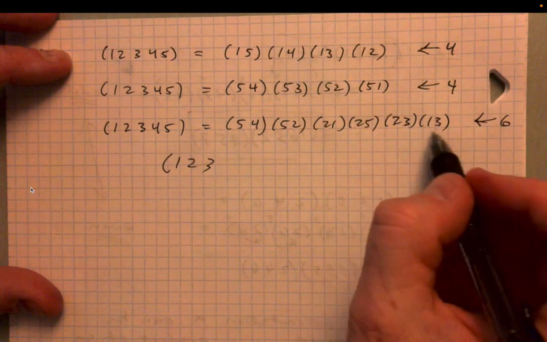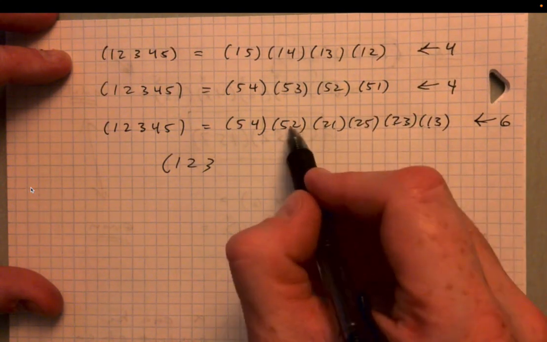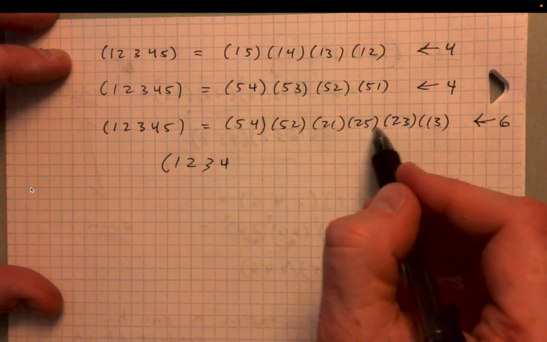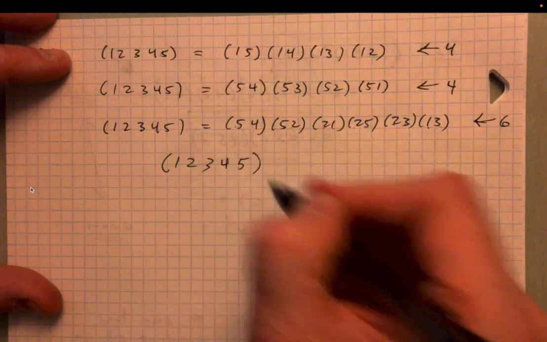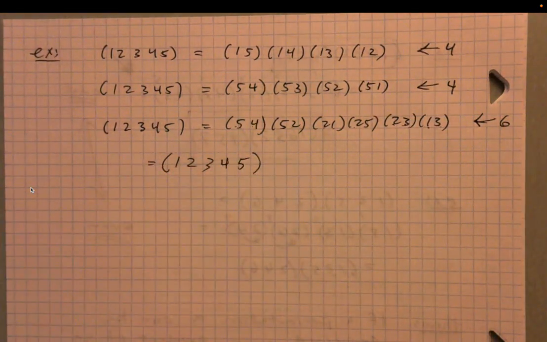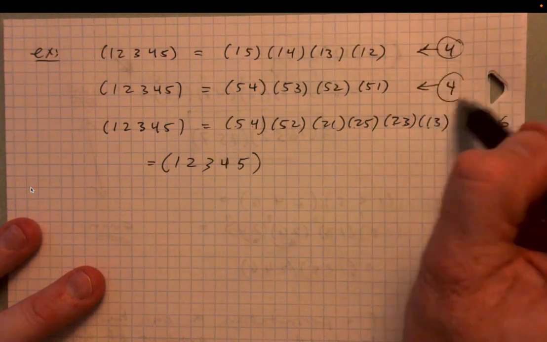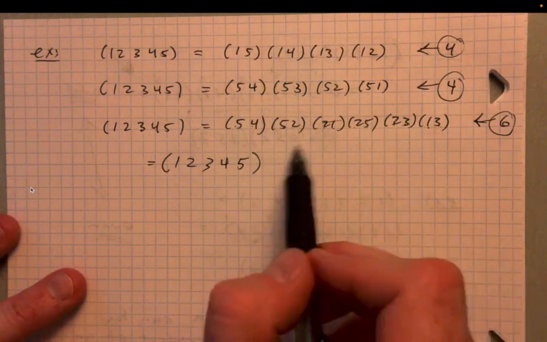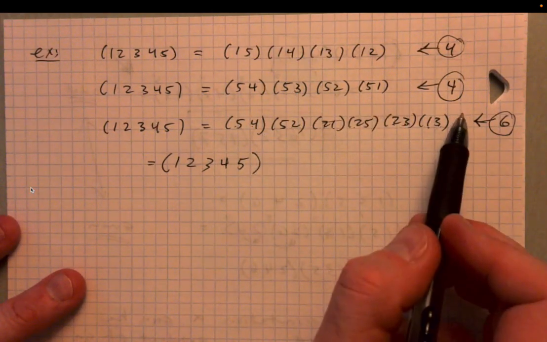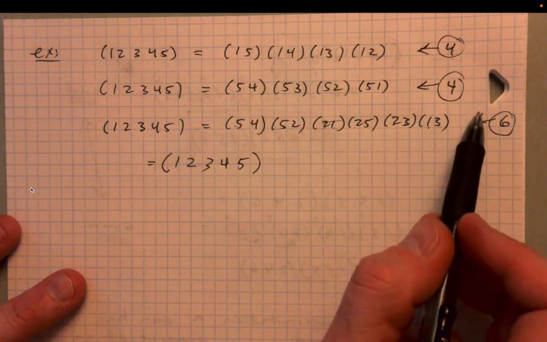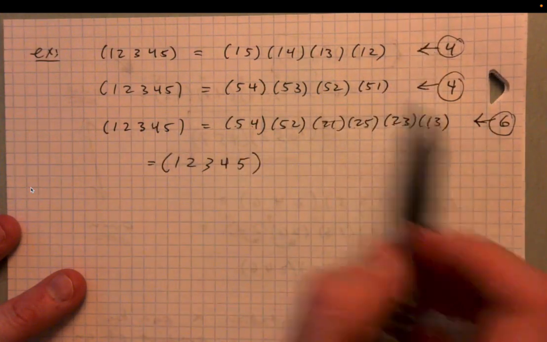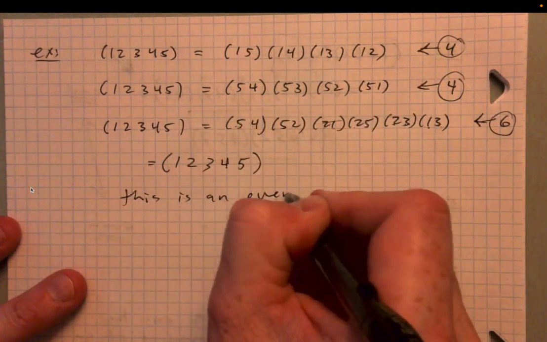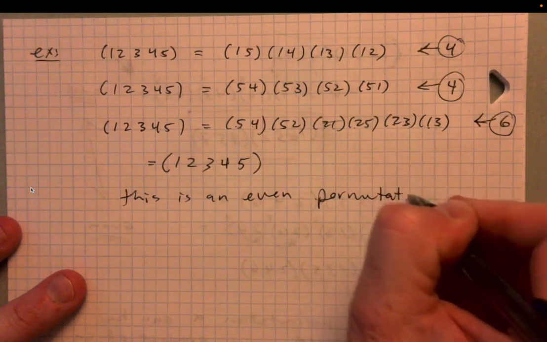There it is. 3 comes in, 3 goes to 1, 1 goes to 2, 2 goes to 5, 5 goes to 4. 4 comes in, 4 goes to 5. So it does work. But the key here is that here's 4, here's 4, here's 6. So they're not always the same number; you can make these things needlessly complex if you want to. But the point is that there's never going to be a string of 2 cycles of length 5, because this is an even permutation.